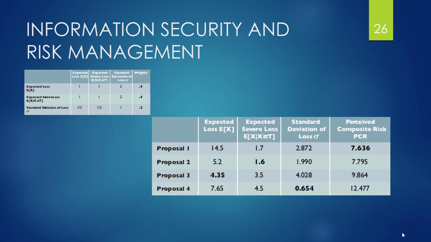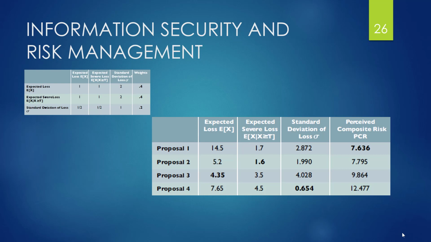This shows, from the paper, the first part up there is the pairwise comparison, which is used to calculate the weights. And as you can see, they're using expected loss, expected severe loss, and standard deviation of loss as the criteria for evaluating different courses of action. And as you can see on the table on the right, that chart is a bit larger, but it's looking at 4 different proposals.